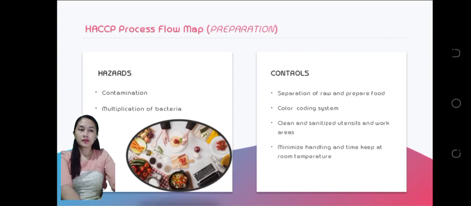In the preparation process, the hazards are contamination and multiplication of bacteria, again. The controls are separation of raw and prepared food, color coding system, clean and sanitize utensils and work areas, and minimize handling and time kept at room temperature. So in controls, we need to separate the raw and the prepared food. Then we need to separate also the color of the food. Then clean and sanitize utensils and work areas.